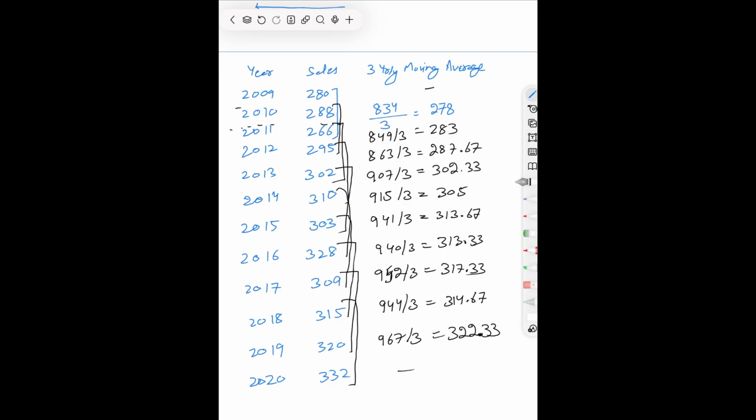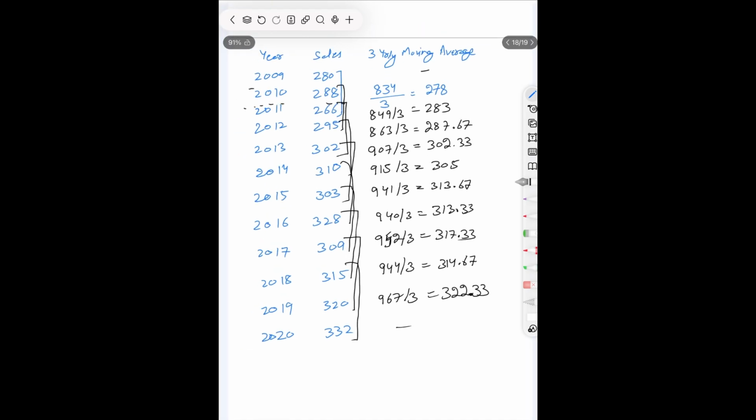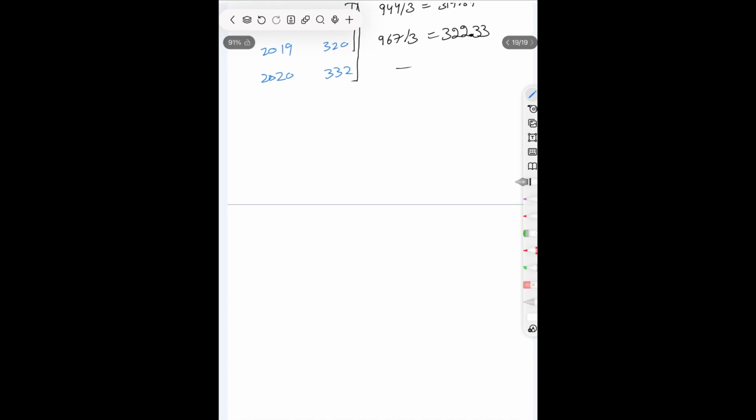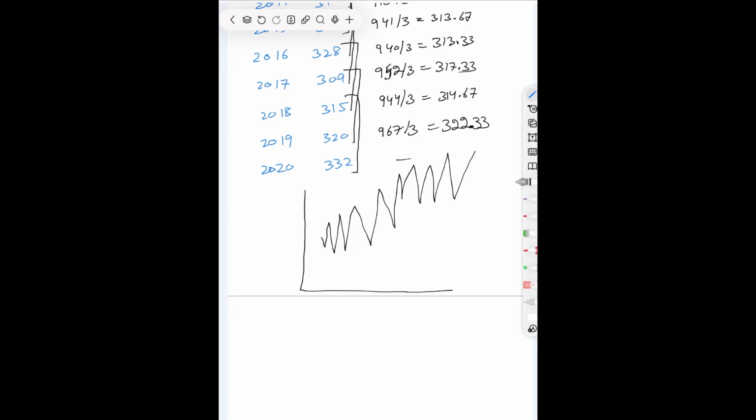So what does this moving average actually do? This moving average basically reduces the variation and gives you a clean data. So if I put this similar data in a graph, the actual data might come to like this one, which includes some kind of a variation.